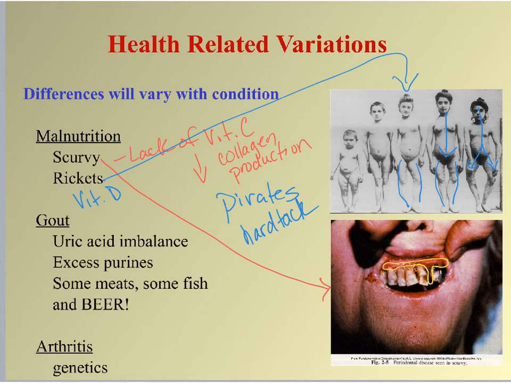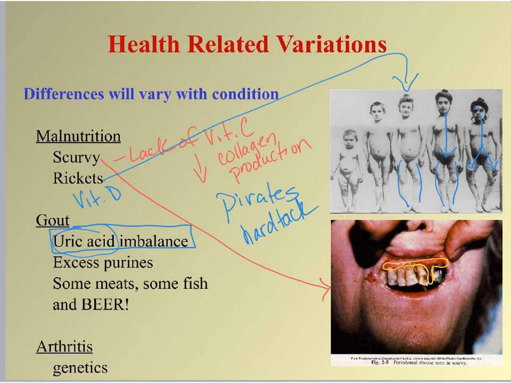Other health-related variations that are going to affect the skeleton: there's a condition called gout. Sometimes that's genetic in individuals. Some people are more genetically predisposed to suffer from gout. Some can give themselves gout by having a poor diet. But what gout is, you get crystals of what we call uric acid building up in your joints.